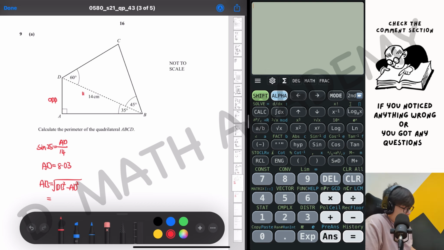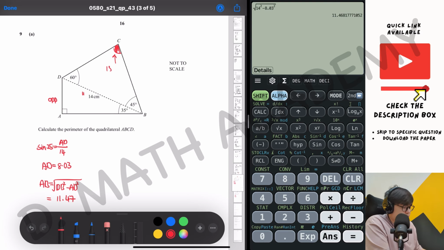So let me double confirm. 14 squared minus 8.03 squared, you get 11.5. Okay, or to be safe, I will leave it at 2 decimal places first, so you get 11.47. Then from here, you need to identify this angle value. That's by taking 180 minus 60 minus 45.